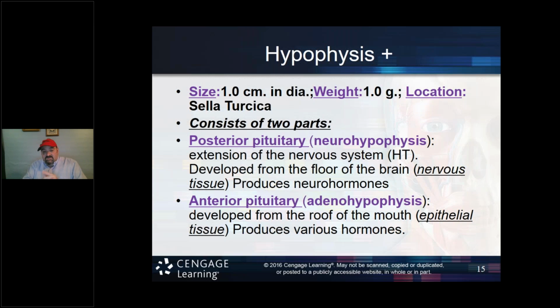The anterior pituitary, again, is glandular in origin, developed from the roof of the mouth, right? The anterior pituitary is producing and releasing many hormones, whereas the posterior pituitary is not producing any hormones. It's only releasing hormones that have been produced by the hypothalamus and sent to the neurohypophysis.